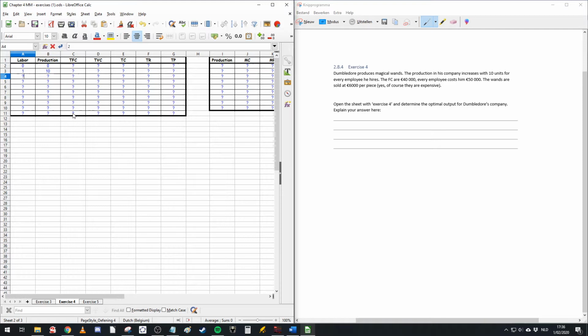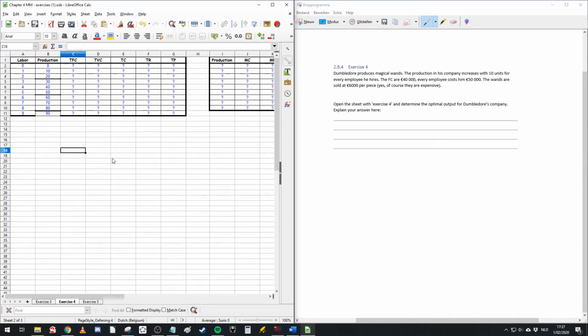Okay, and we can actually fill in the table just like that up until 9, and we can do the same for production. Yeah, I ruined my layout, but we're just going to ignore that. And now we already have 2 columns fixed.